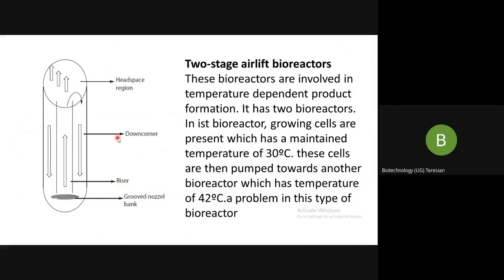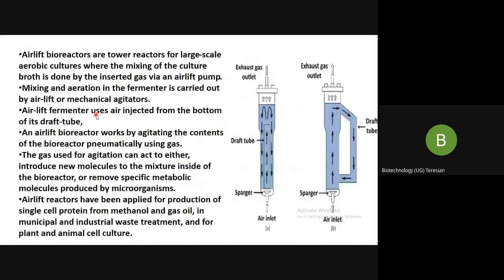These airlift fermenters or bioreactors are used for aerobic cultures in bioprocessing technology, where they provide controlled liquid flow in the recycle system by pumping. What are they pumping? The performance of the airlift bioreactor depends on pumping. Pumping here means pumping of the air and the liquid circulation.